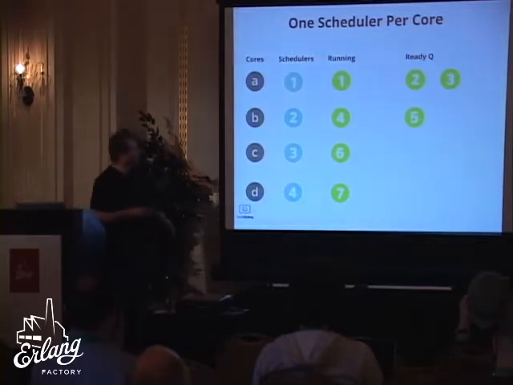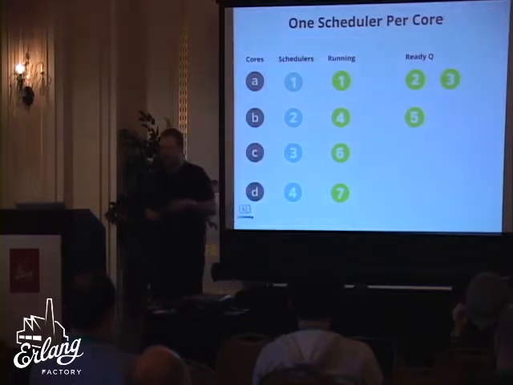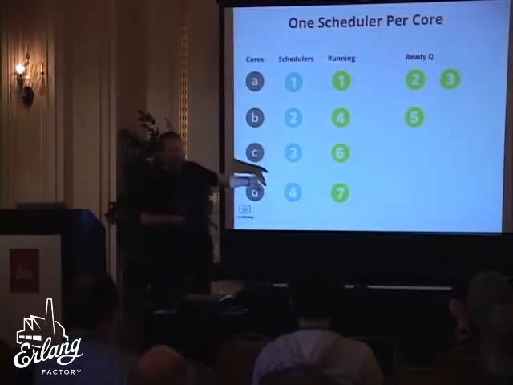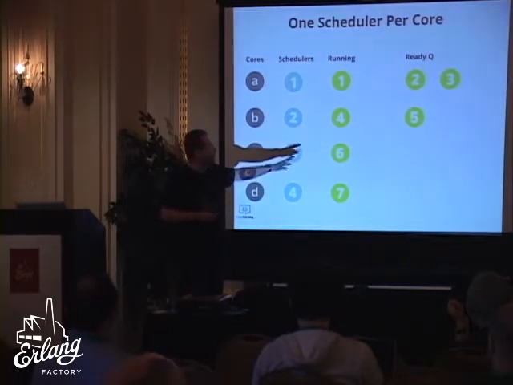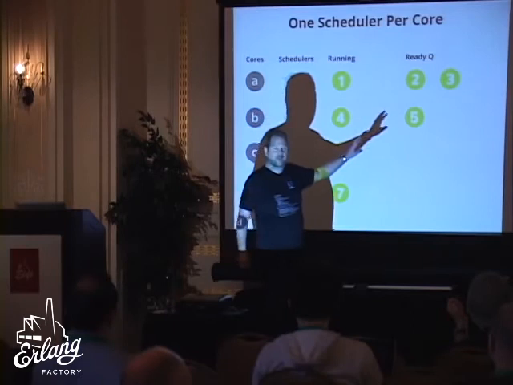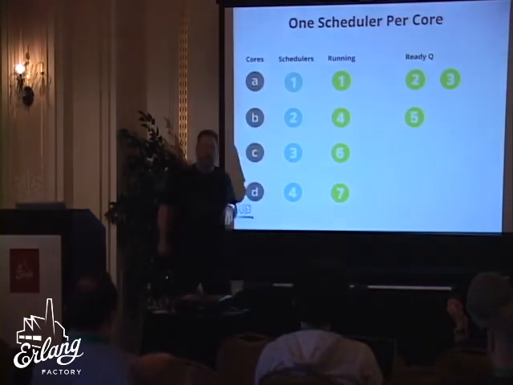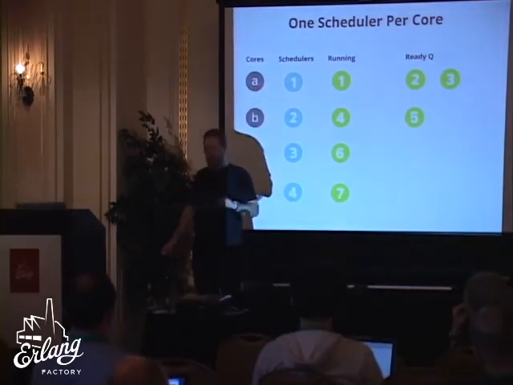And each scheduler is actually a thread in C, and they run in parallel. So if you have a 4-core system, you have 4 schedulers, and you can run 4 processes in parallel. If you have more processes than that, they will sit in queues waiting to get to execute. And these queues are per scheduler.